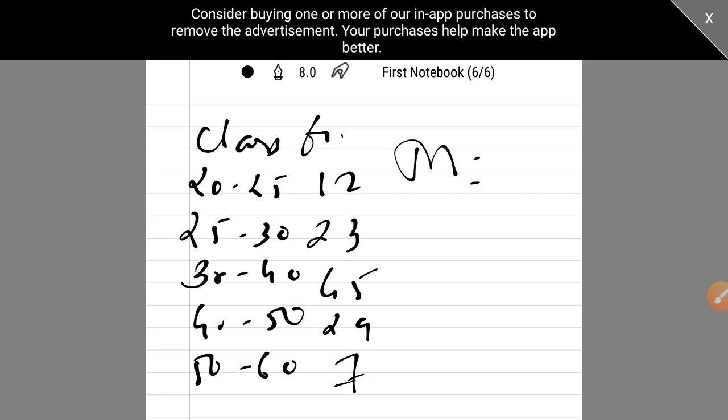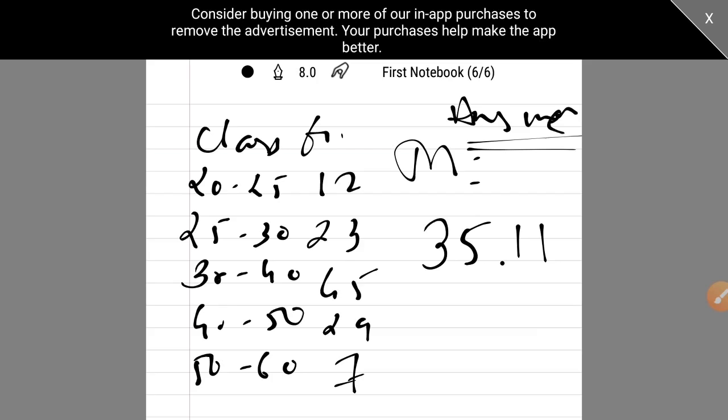Just wait for a second. Your answer is 35.11. This is the answer. So you have to find it on your own. Answer is 35.11.